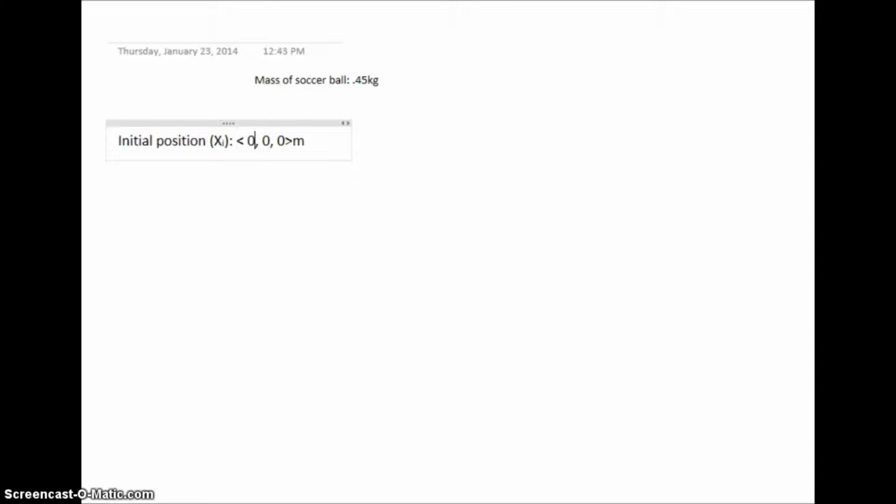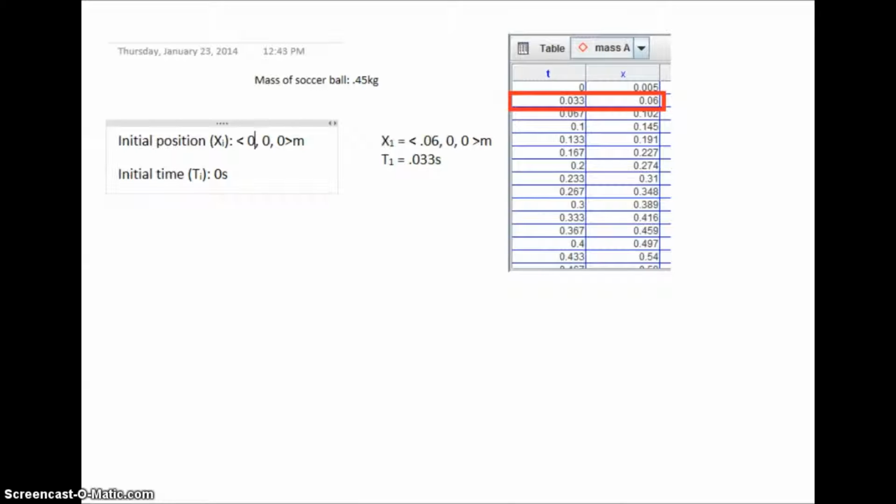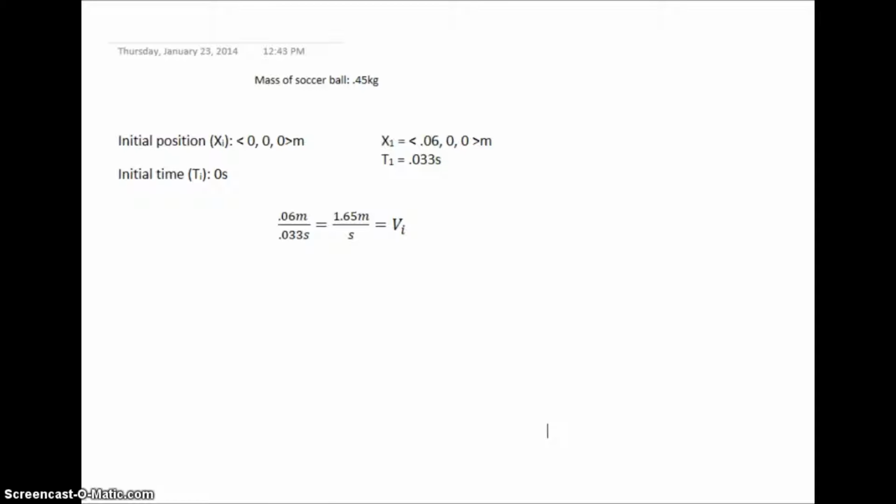So, what we need now is an initial velocity. We will calculate the initial velocity here. This is done by calculating the change in position with respect to time. And in order to do so, I have chosen the first recorded instances of position and time. Now that we have an initial velocity, we have something to work with for the calculations for our model.